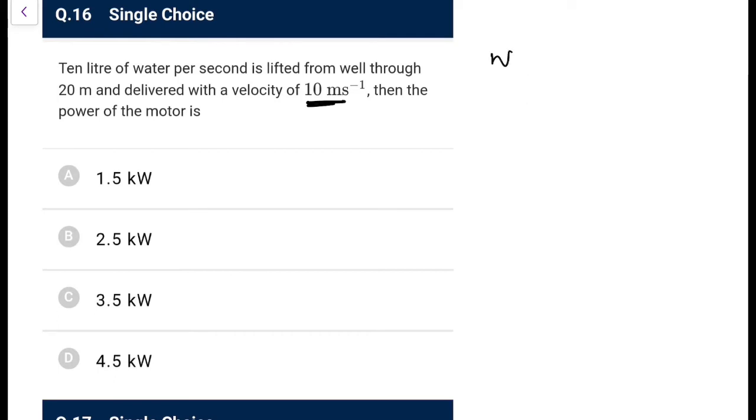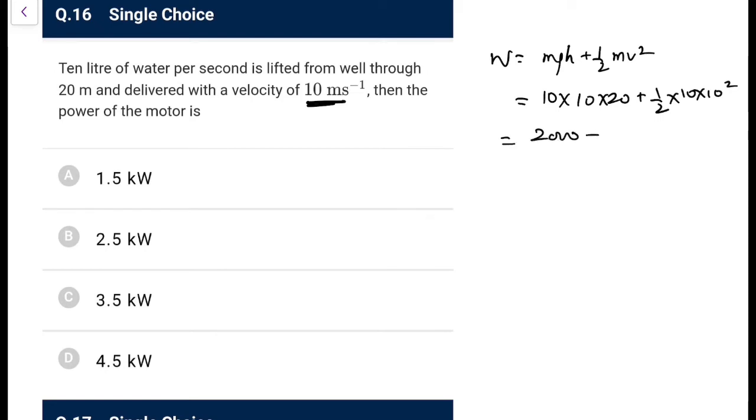First calculate the complete work done, which would be mgh plus half mv square. That would be a better approach. So 10 liters of water means 10 kg, you all know. g means 10, h means 20, plus half into 10 into 10 square. So 100 into 20 is 2000, and this will be 500. So 2500 joules of work is done, with 10 meter per second as the speed.